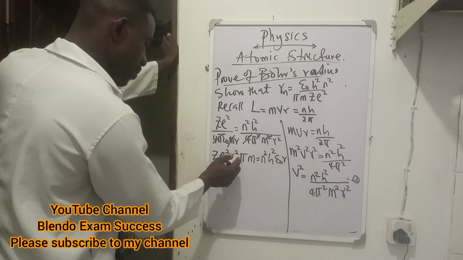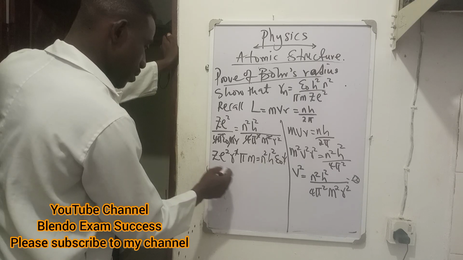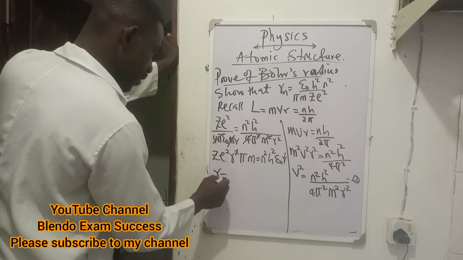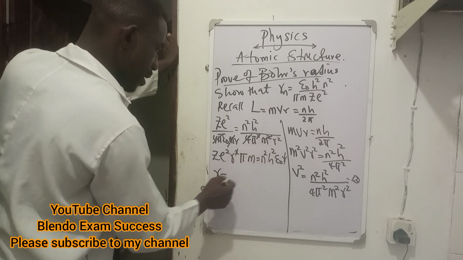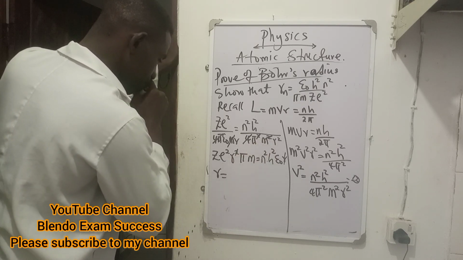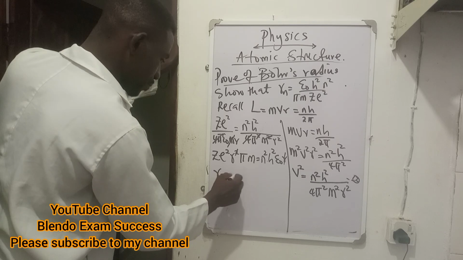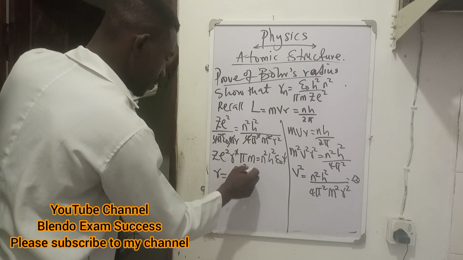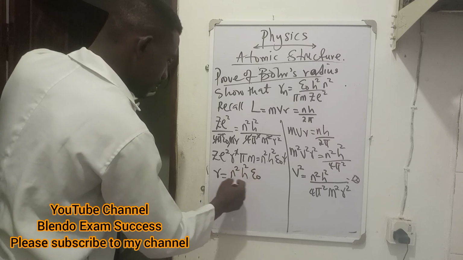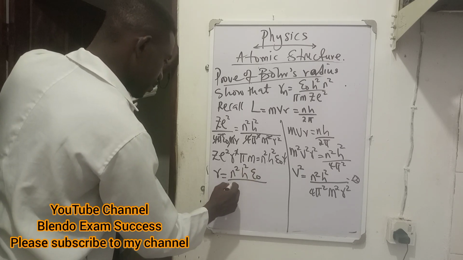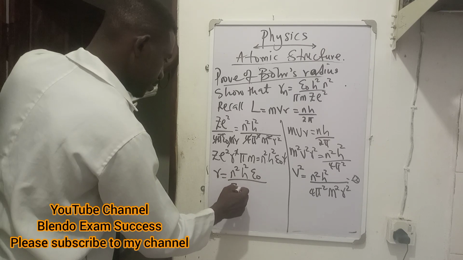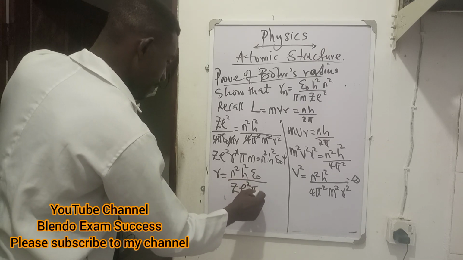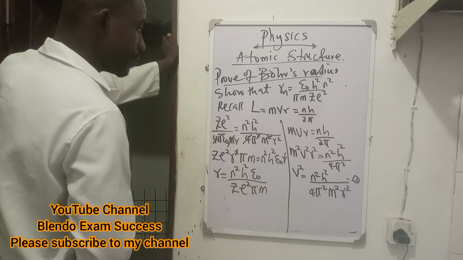So to make r the subject, from the one of this we cancel this, we now have r is equal to, in terms of n, because this is rn, r is equal to n squared h squared epsilon naught over Z squared pi m.